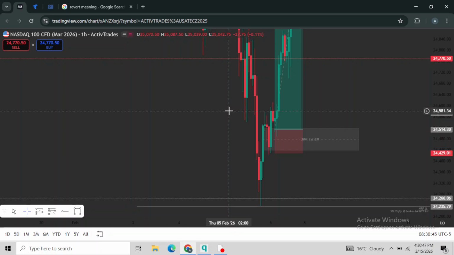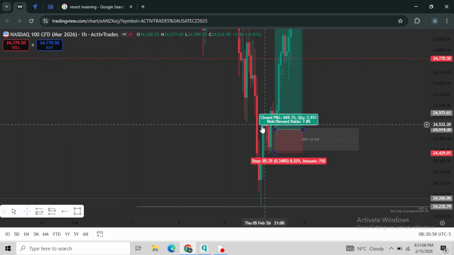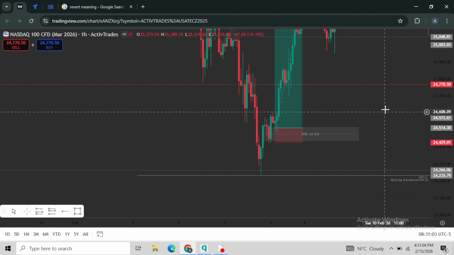So if it was on the 1 minute time frame, I could have entered once price broke above this high here. It indicates we are good for entry. I could have executed the way this trade has been set up.